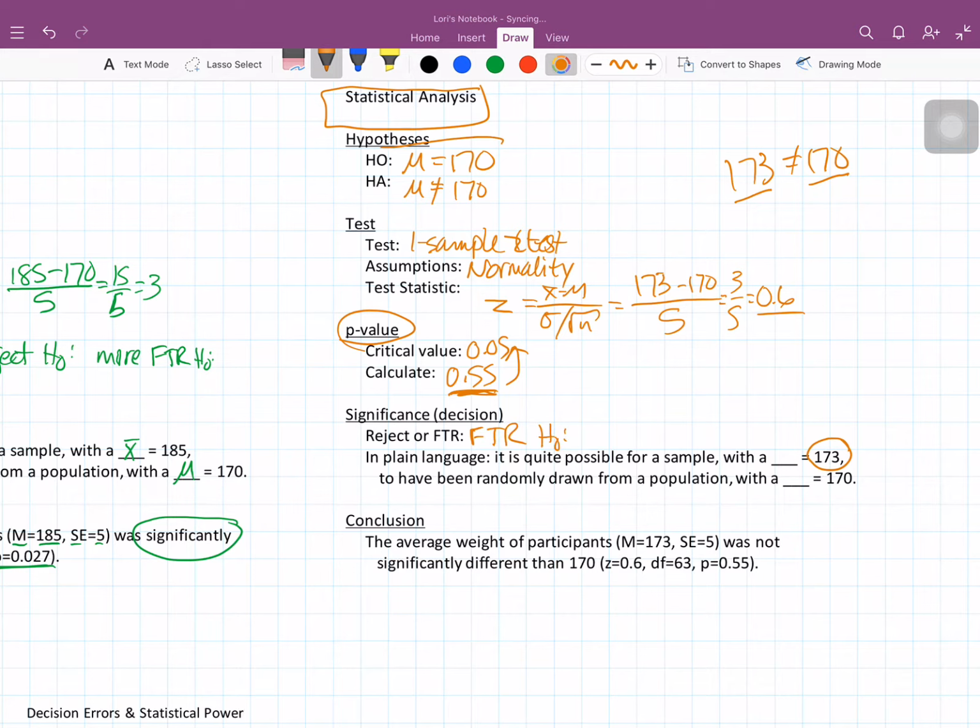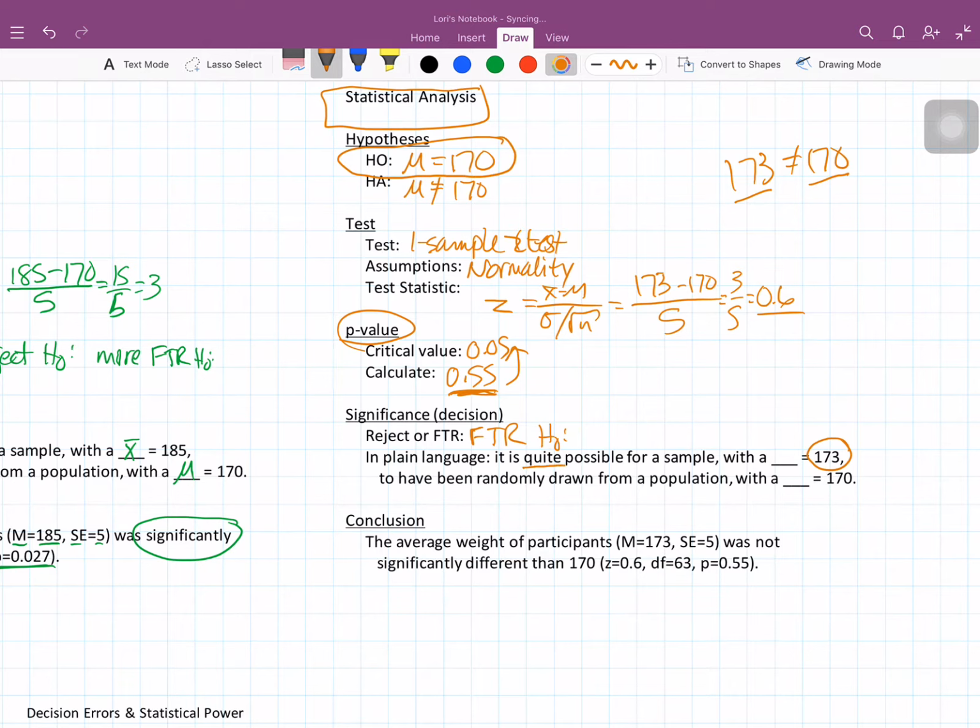We say, yeah, sure, I could go with that. That seems reasonable. In plain language, it is quite possible for a sample with a sample mean of 173 to have been randomly drawn from a population with a population mean of 170. So we think, yeah, that could happen.